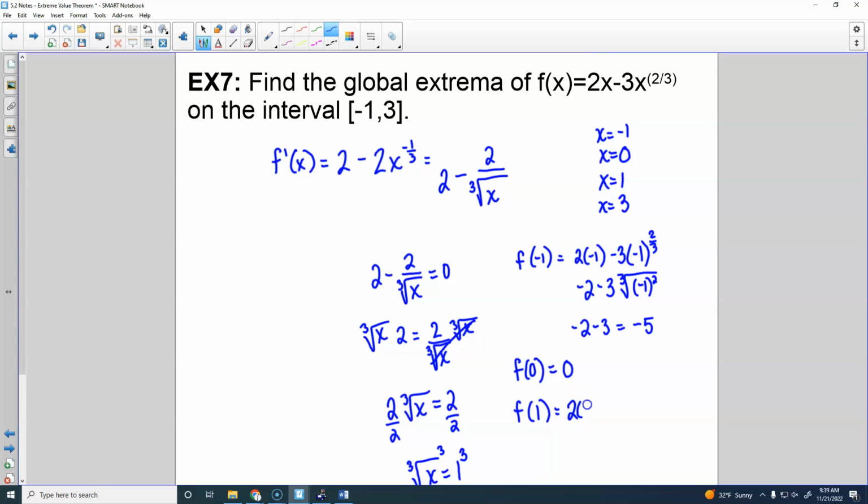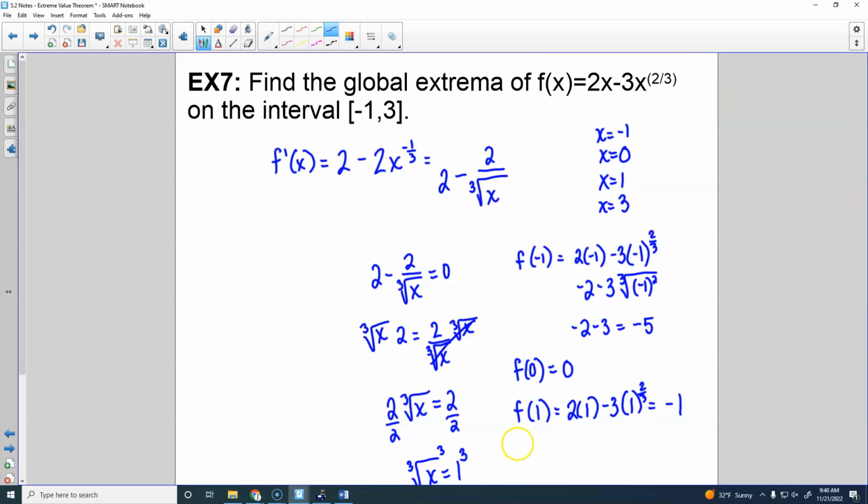Here I have 2 times 1 minus 3 times 1 to the 2/3. What is 1 to the 2/3? It's just 1, right? 1 to any power is 1. So that is going to give you 2 minus 3, so you'll get -1 there.